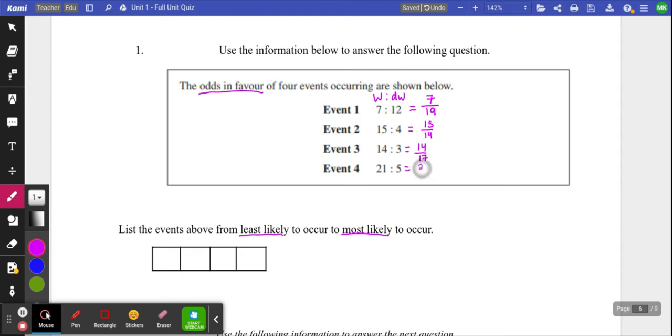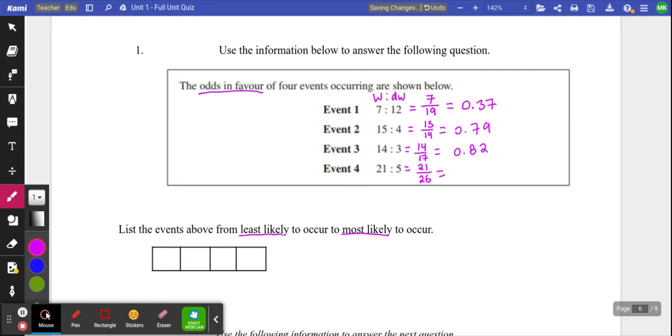And this last one would be 21 out of 26. You could then change all of these to decimals, and the largest decimal is the most likely to happen, right? So go ahead, change all of these to decimals. 7 divided by 19 is 0.37. 15 divided by 19 is 0.79. 14 divided by 17 is 0.82.